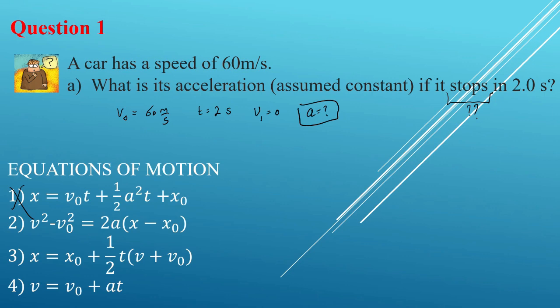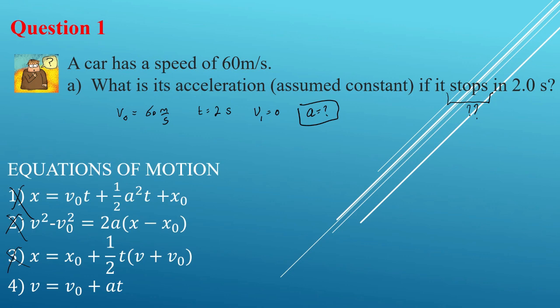I don't know the acceleration, and I don't know the displacement, so not equation 2. Equation 3 is the same because I don't know the displacement. How about equation 4? I think I can use it, yes, because I have the initial value for the velocity, I have the final velocity, time, and I'm looking for the acceleration.